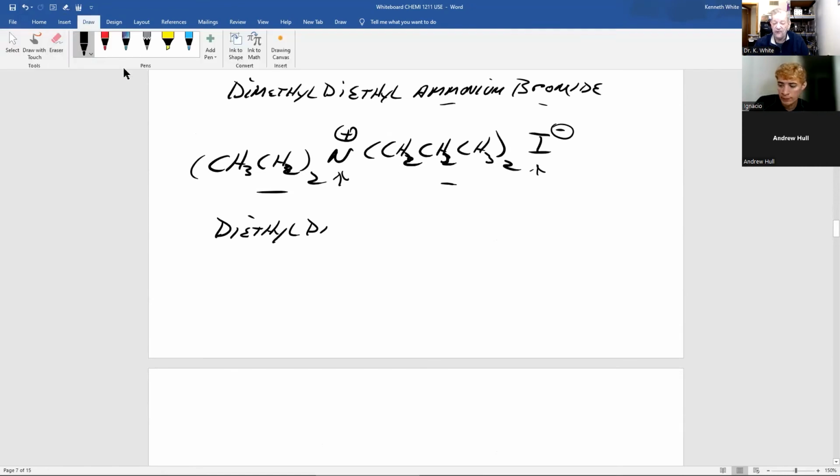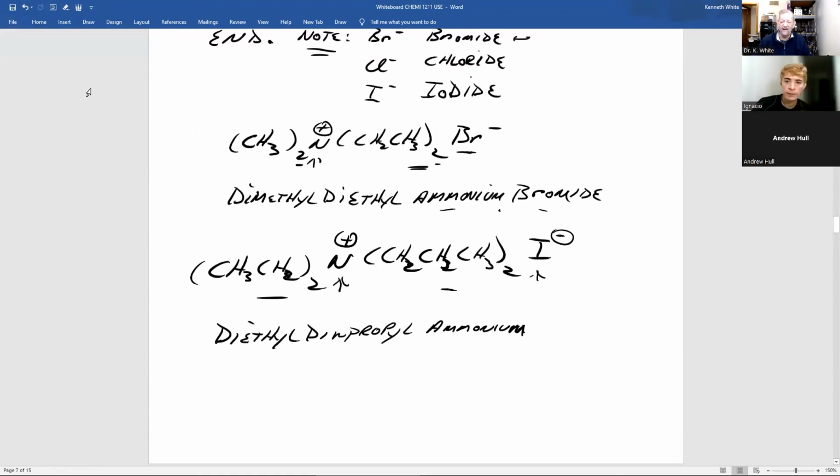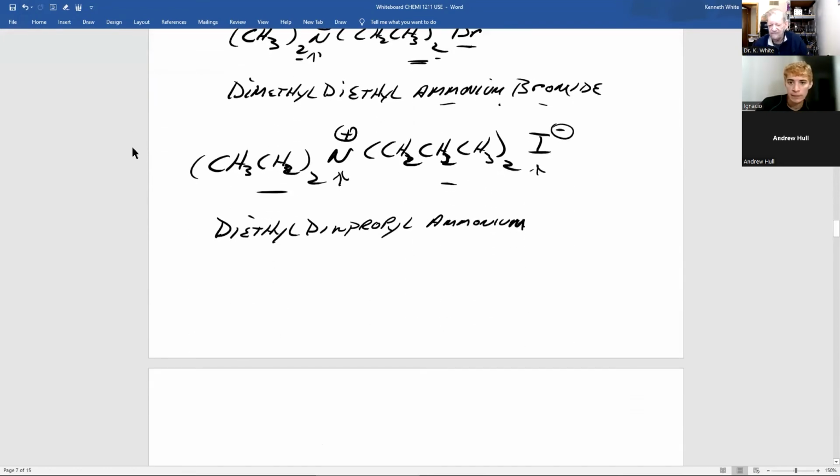Di, 3 carbons straight to the end carbon, propyl, ammonium, and then the halogen is iodine minus, which is iodide. And that's how you name it.